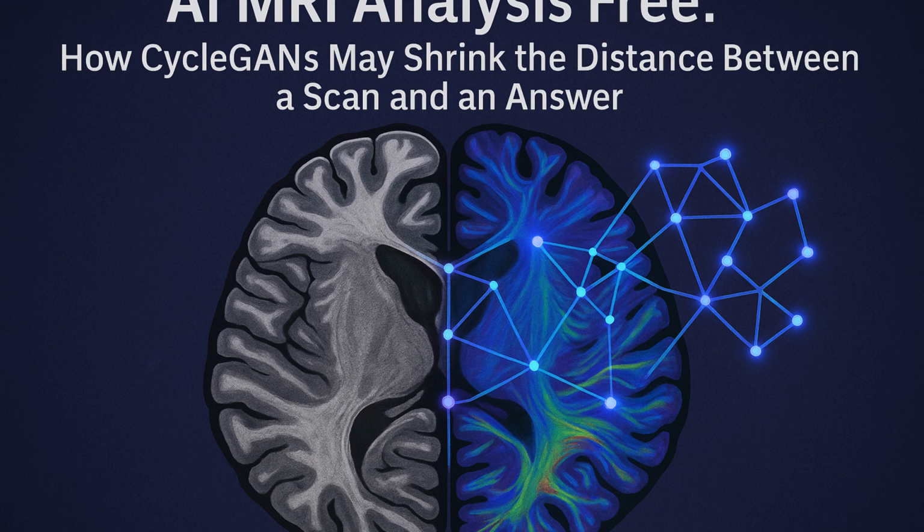So the core question that kept coming up for us as we dug into this, the main thread, the one we're really trying to answer today is, how close are we really to a world where AI MRI analysis is both freely available, genuinely free, and effective? And effective can mean different things, can't it? That's a good point. What do we mean by effective? Are we talking speed? Accuracy? Just how easy it is to get your hands on these tools?